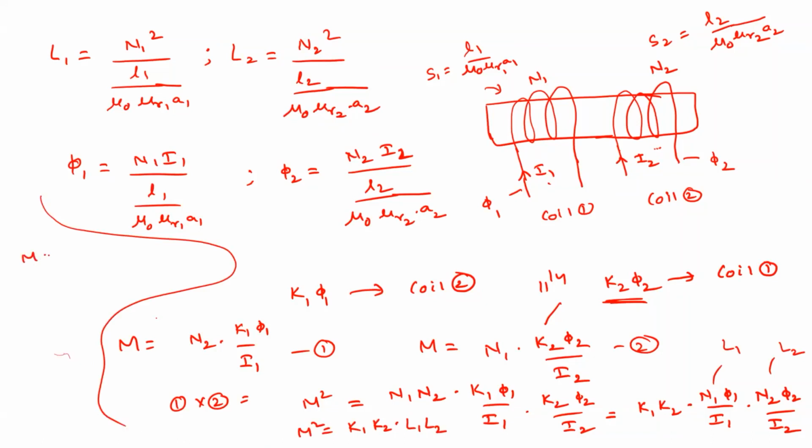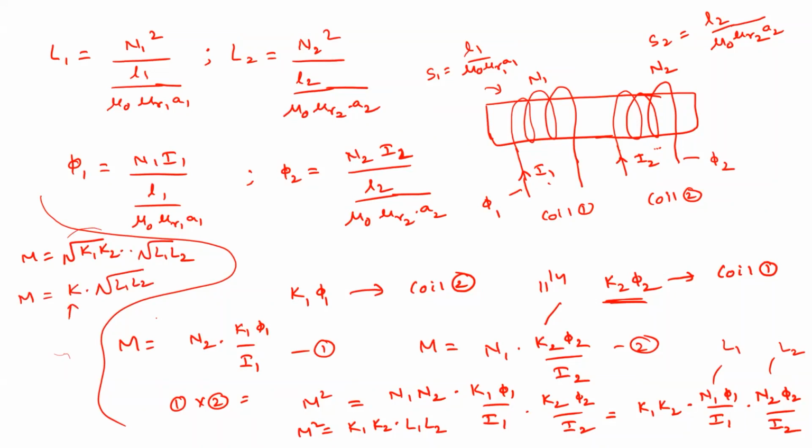So M equals square root of K1 K2 into square root of L1 L2. Let us assume that K1 K2 is K, so that is M equals K into root L1 L2.